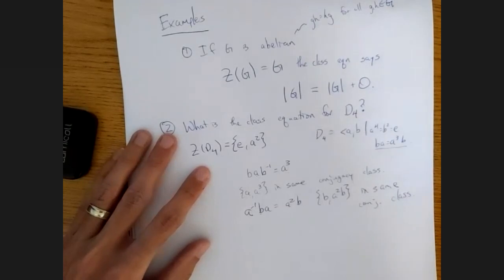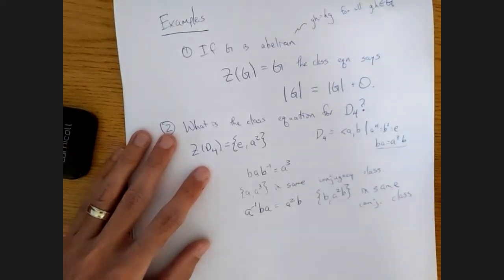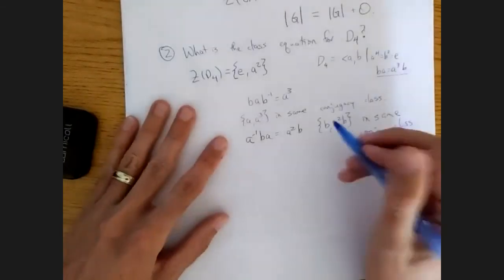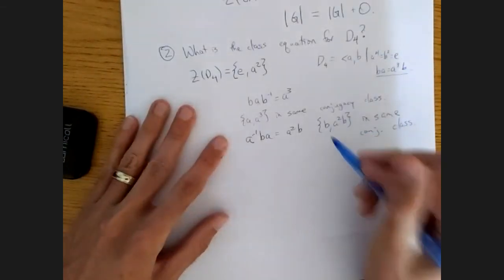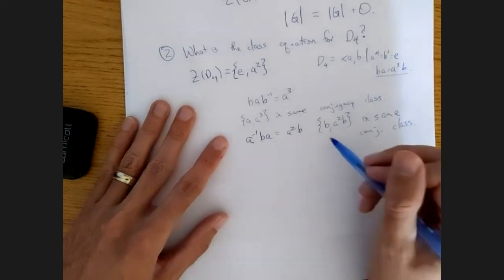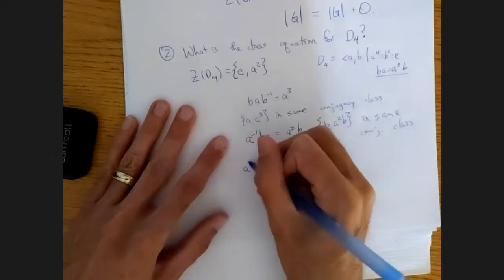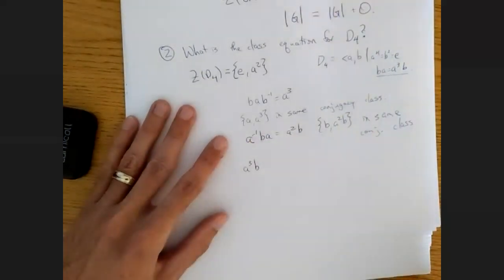Okay. And then there are only 2 left. I have A cubed, A squared B, A squared B. I have A, B, and A cubed B. So what is A cubed B?